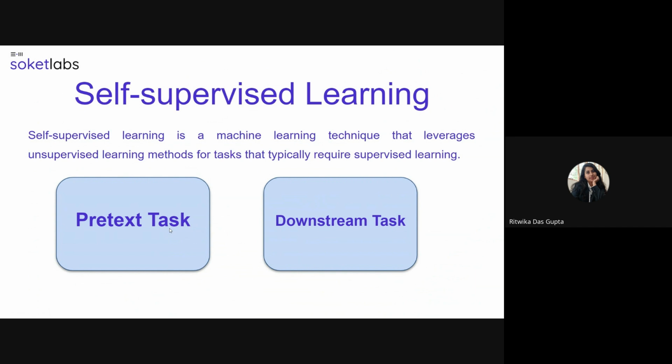The task is divided into two parts: one is the pretext task and one is the downstream task. The pretext task involves using a self-supervised learning AI system to learn meaningful representations from unstructured data, and the downstream task involves utilizing this meaningful information so that it can be typically handled by supervised learning.